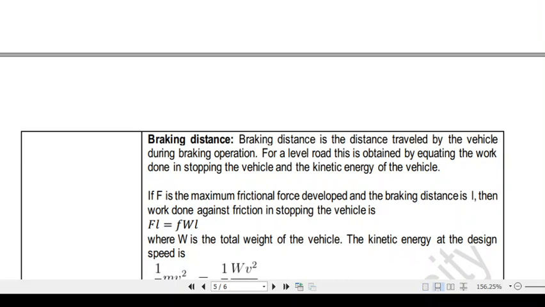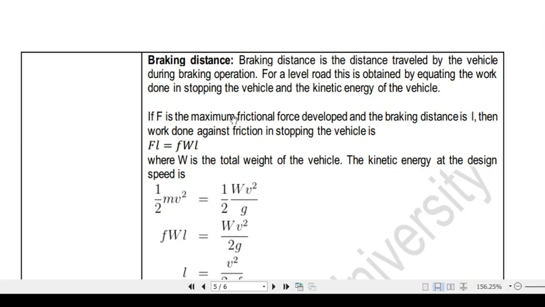Braking distance is the distance covered during the braking operation. For a level road, this is obtained by equating the work done in stopping the vehicle with the kinetic energy of the vehicle. So what is work done?